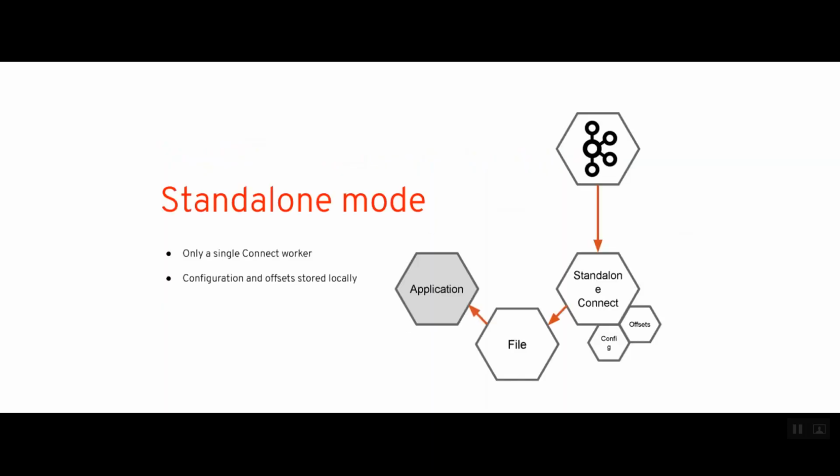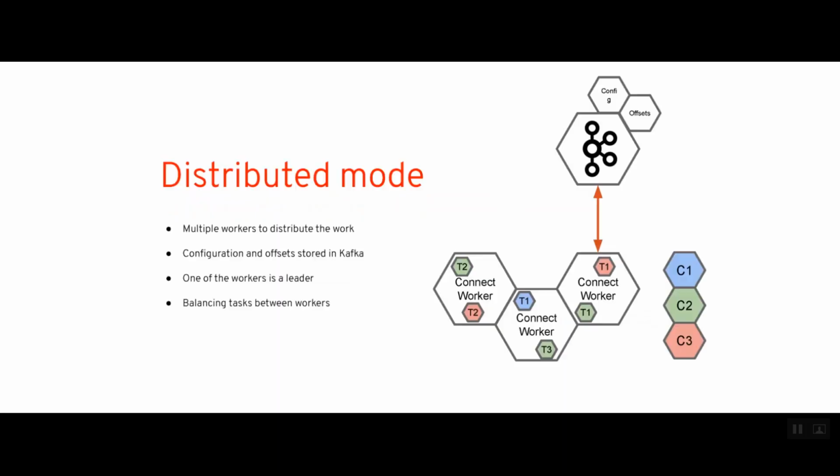The Kafka Connect framework can work in standalone mode, and in this case you will have only a single connect worker, and the configuration and the offset will be stored locally. Otherwise, it can also run in distributed mode, and in this case you will have multiple connect workers.